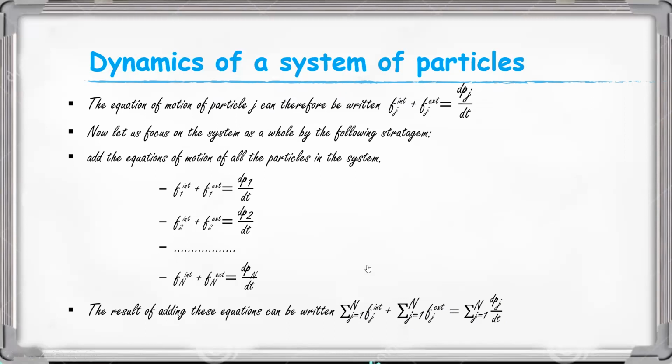So it is a result of the summation over all the particles. This summation extends over all the particles, j equal to 1 to n.